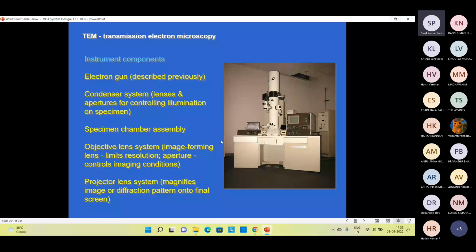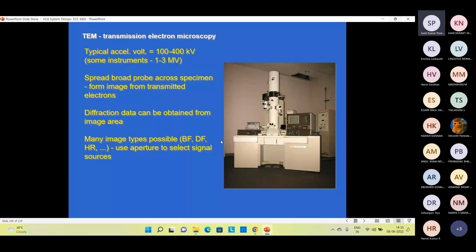Then, whatever device we have fabricated, we can analyze and characterize with the help of the transmission electron microscope. So this is the analysis we can make this way.